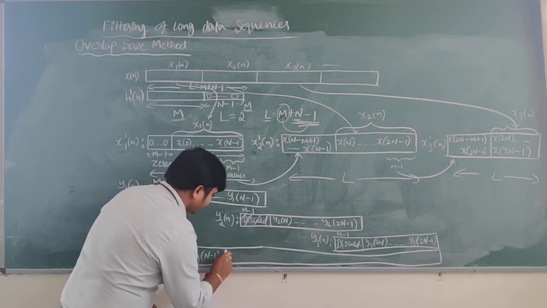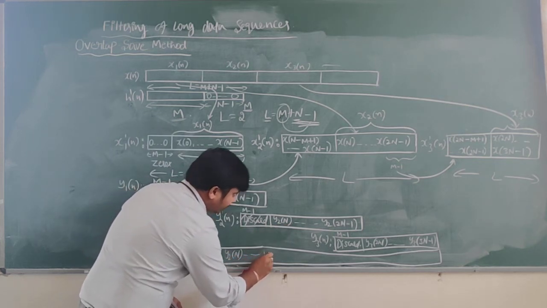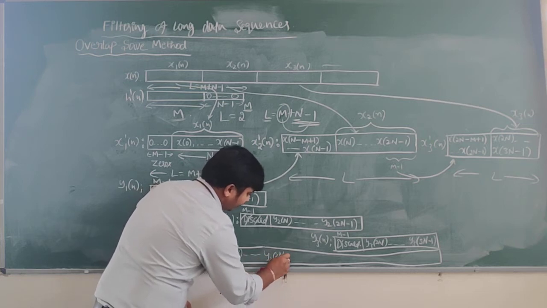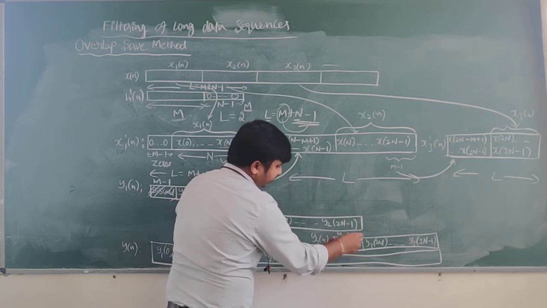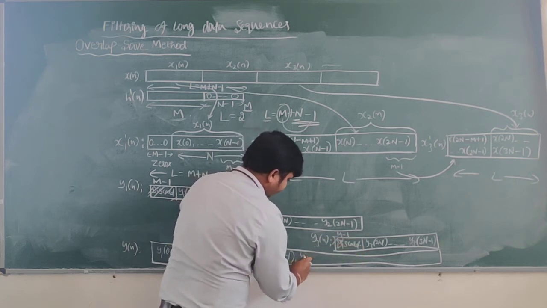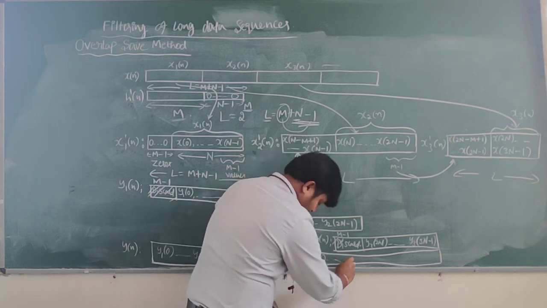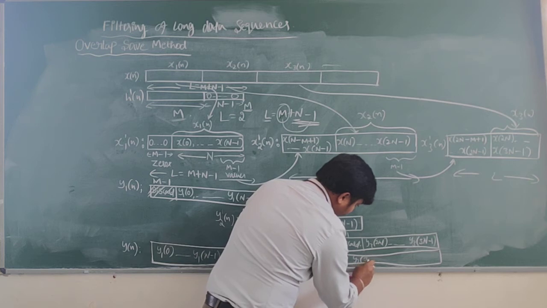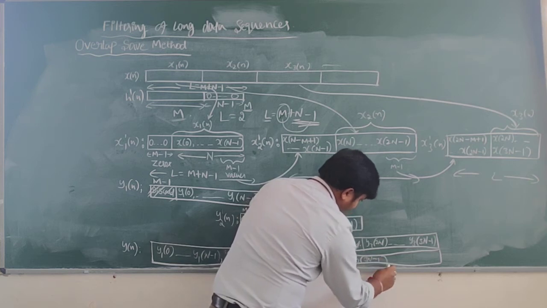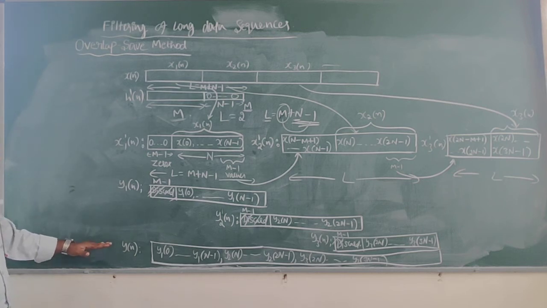Next is y2 of n so on up to y2 of 2n minus 1, where also the first m minus 1 entries are discarded, and the remaining y3 of 2n so on up to y3 of 3n minus 1. So this is my final output y of n.